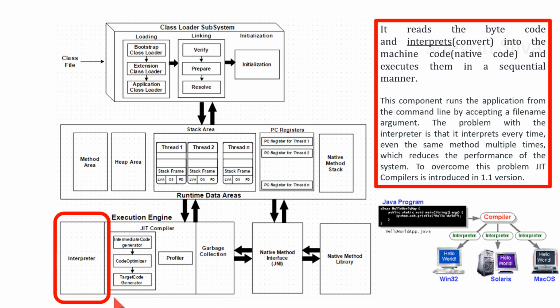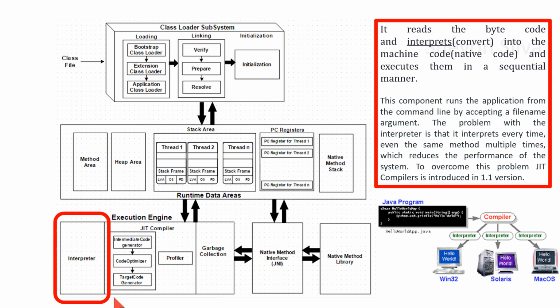Now we are focusing on the interpreter in the execution engine. It reads the bytecode and interprets it, converting it into machine code, native code, and executes it in a sequential manner. This component runs the application from the command line by accepting a file name argument.